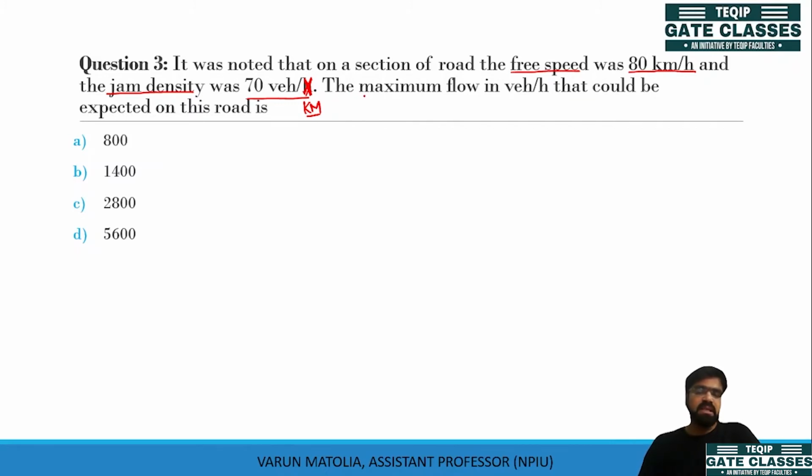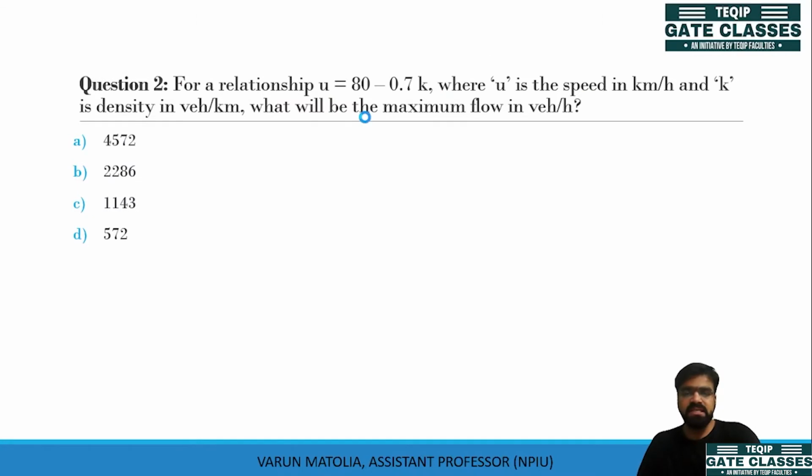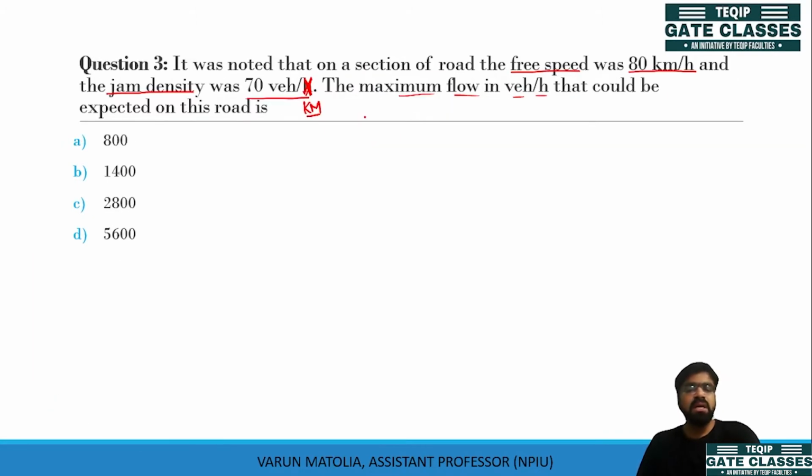What is asked? They are asking the maximum flow value in vehicles per hour. So they are asking about the capacity. Maximum flow is the capacity. So let us calculate maximum flow. As we have already discussed, the maximum flow is equal to the multiplication of half of jam density and half of free flow speed. Your Q max will be equal to 80 by 2 multiplied by 70 by 2.